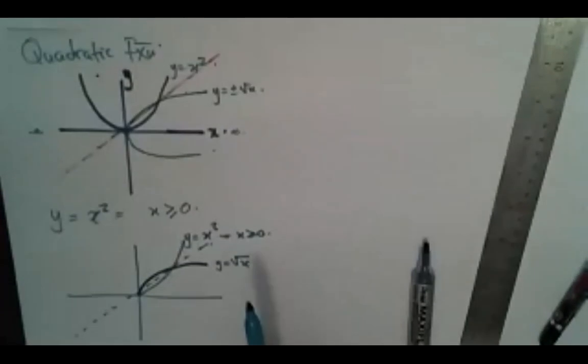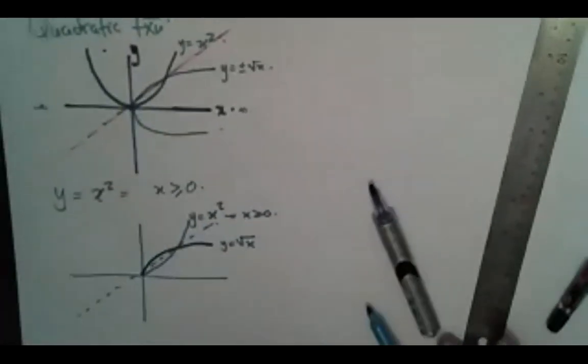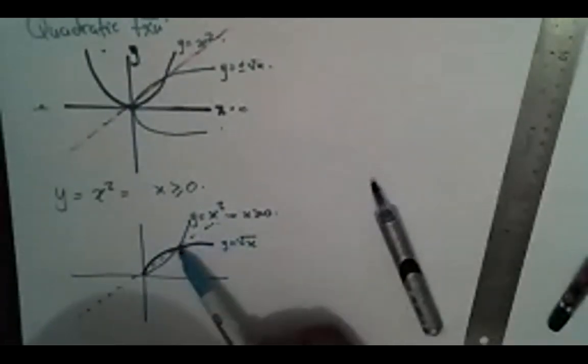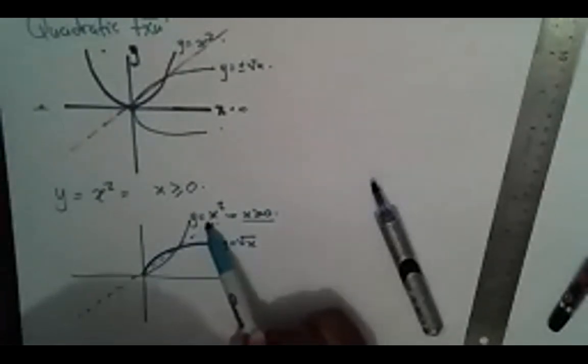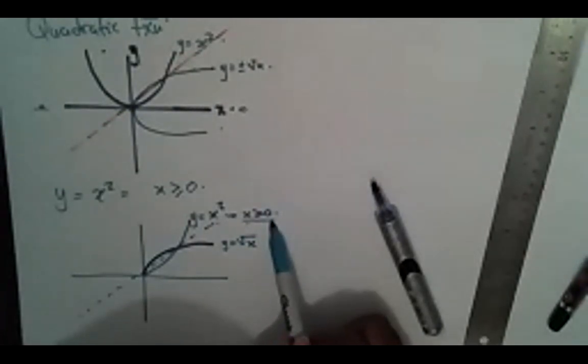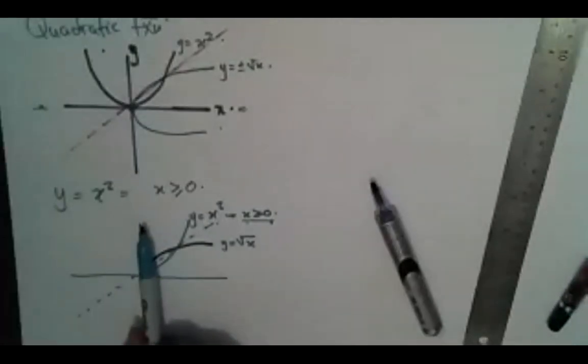So what I'm basically saying is that if we have the line y is equal to x, and we are given a condition that this parabola, we're only interested in x is greater or equal to 0, right? I'm only interested in this part, where I'm not interested in this part.